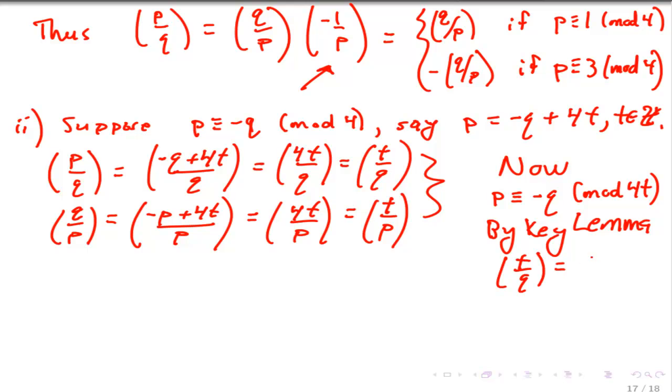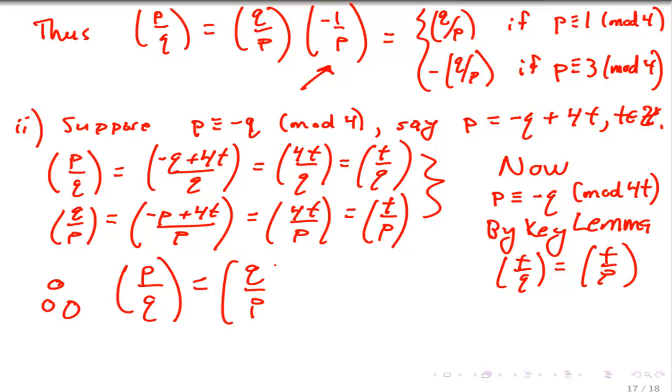T over Q equals T over P. Therefore, P over Q equals Q over P. And we are done. So this is the case where maybe P is 1 mod 4 and Q is 3 mod 4, or P is 3 mod 4 and Q is 1 mod 4. So in those cases, we always get equality here.